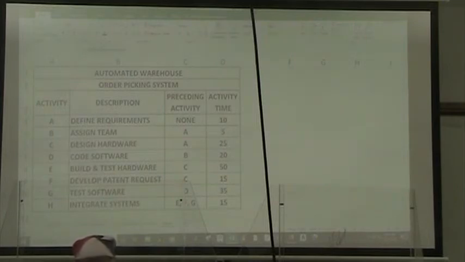This is the precedence and the times and everything for that. So, you know what? Let's just go ahead and jump to a problem that you haven't seen. And I'll crack open the book here.